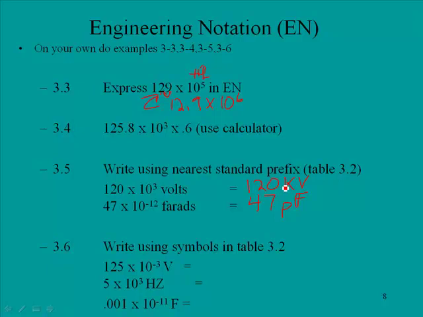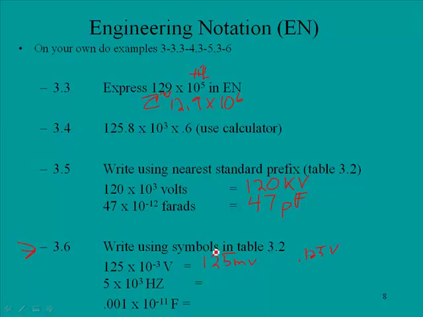Then write using symbols in table 3-2. This comes from exercise 3-6, and let's see, so we're saying 125 times 10 to the minus 3rd. So the way we would typically write that would be 125 millivolts. Now that is equivalent to 0.125 volts.